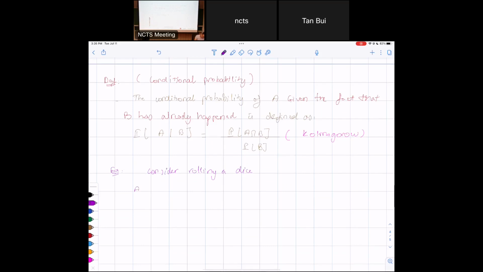A is the event of getting face 6, and B is the event of getting a face greater than 4.